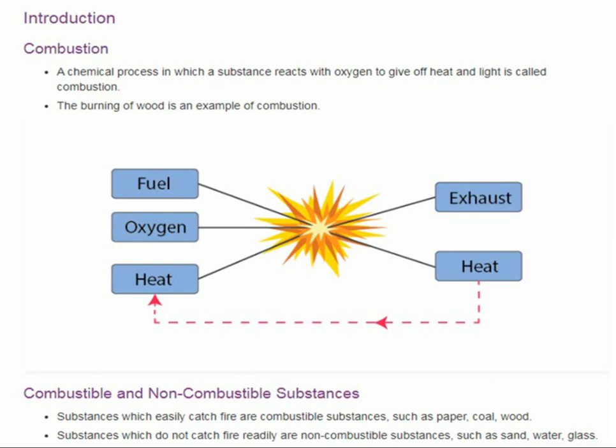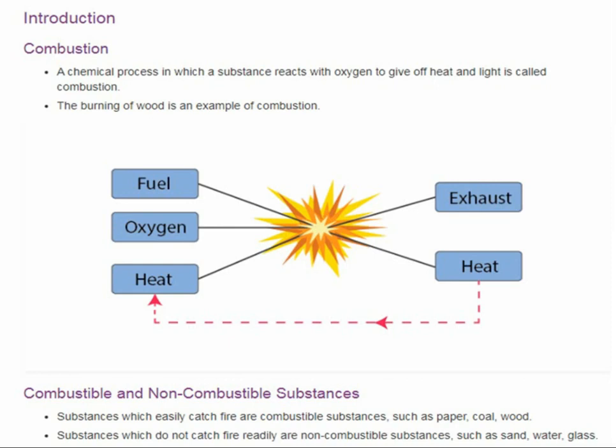But items such as paper give off heat and light, so it is a combustible substance. So in combustion the flame doesn't matter, only the heat and light. If the heat and light is given off, it is a combustible substance.